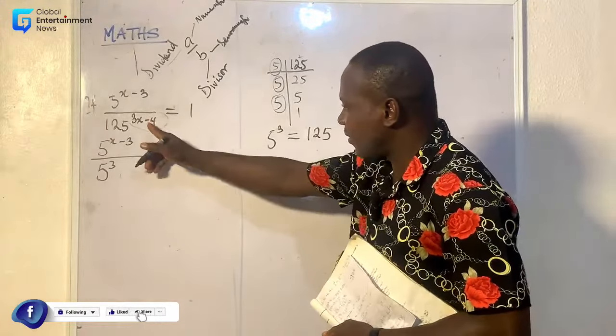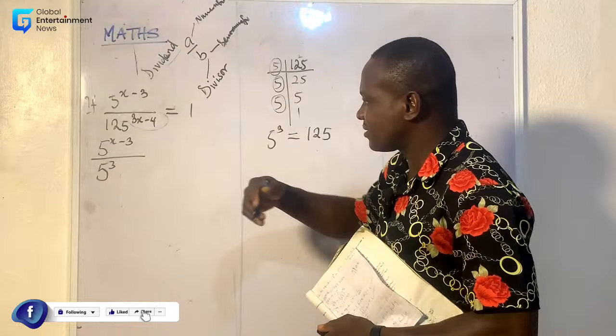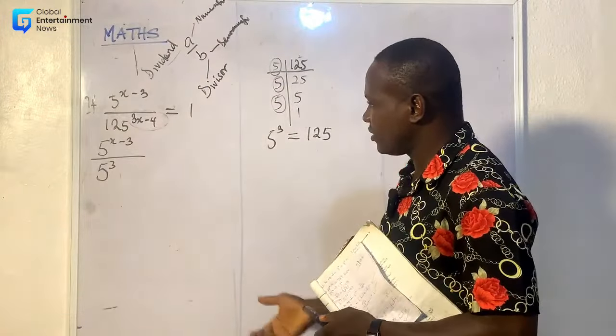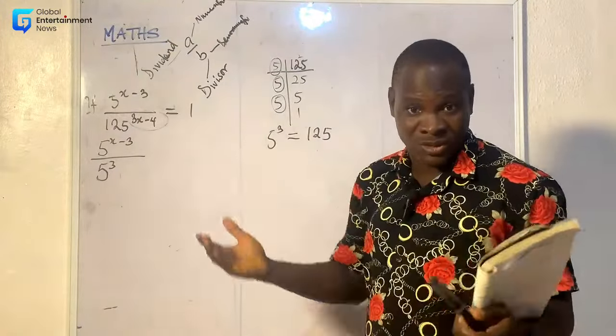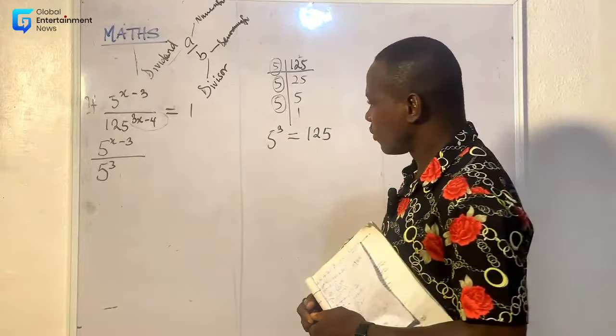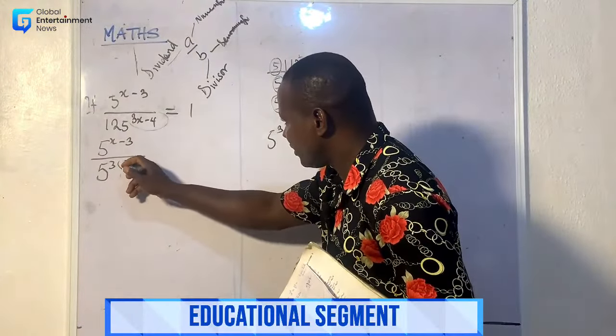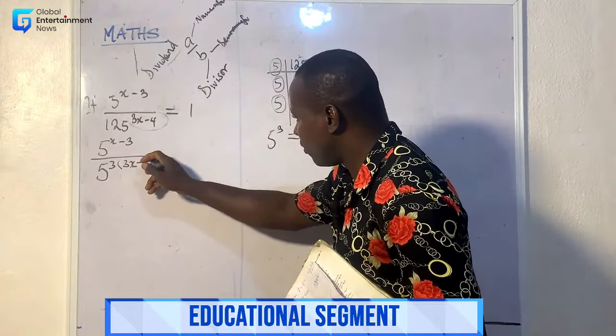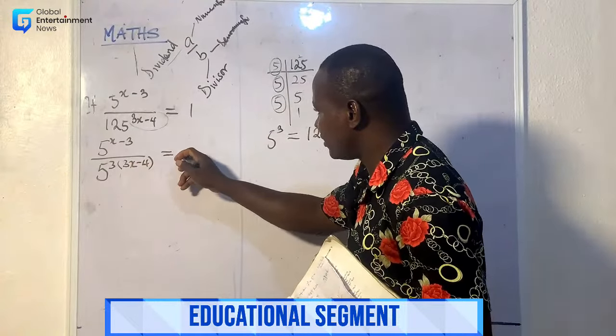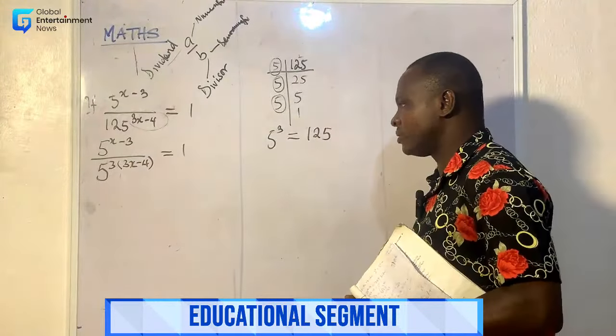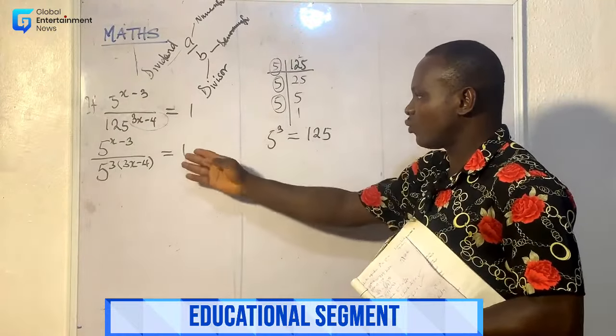So we are going to take our existing exponential, and remember we have to put it in a bracket. So let's put it in a bracket. We have bracket open 3x minus 4, then all is equal to 1.